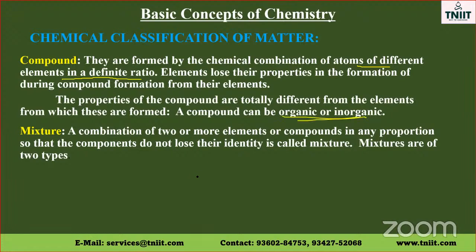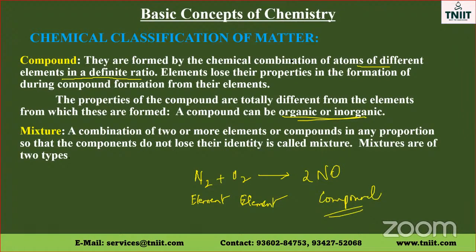if you take nitrogen and oxygen, nitrogen is called an element because nitrogen gas is made of nitrogen atoms. Oxygen is also called an element because oxygen gas is made up of oxygen atoms. When these combine, we get nitric oxide. This nitric oxide is a compound.